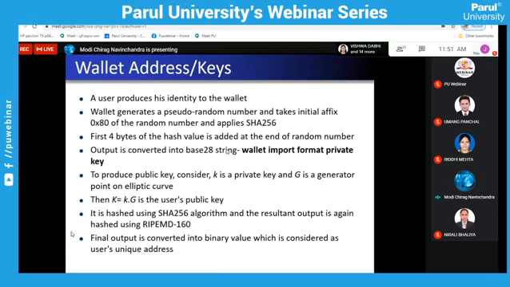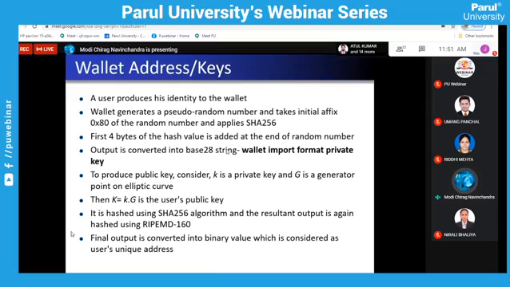So here, when you are installing the wallet, the wallet will generate a pseudo random number, and from this pseudo random number, it takes the initial 80 bytes, and on these initial 80 bytes, it will apply the SHA-256 function.